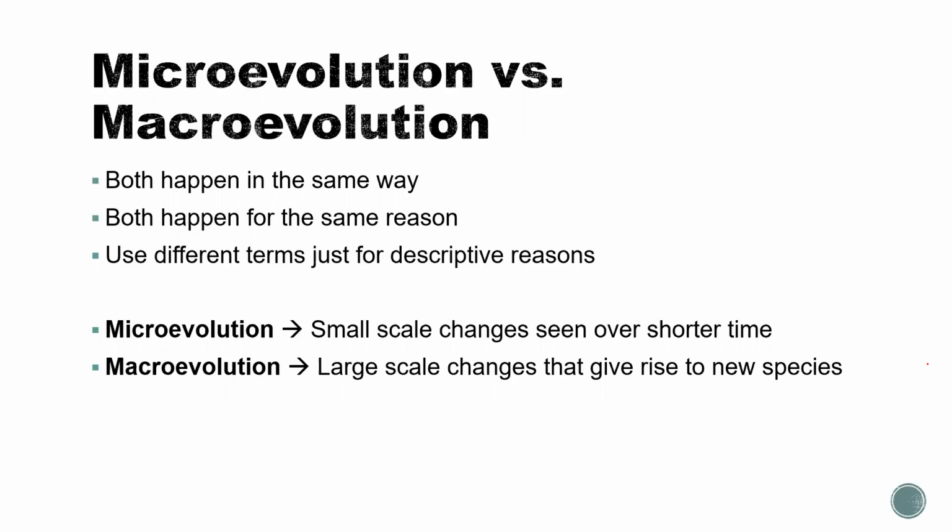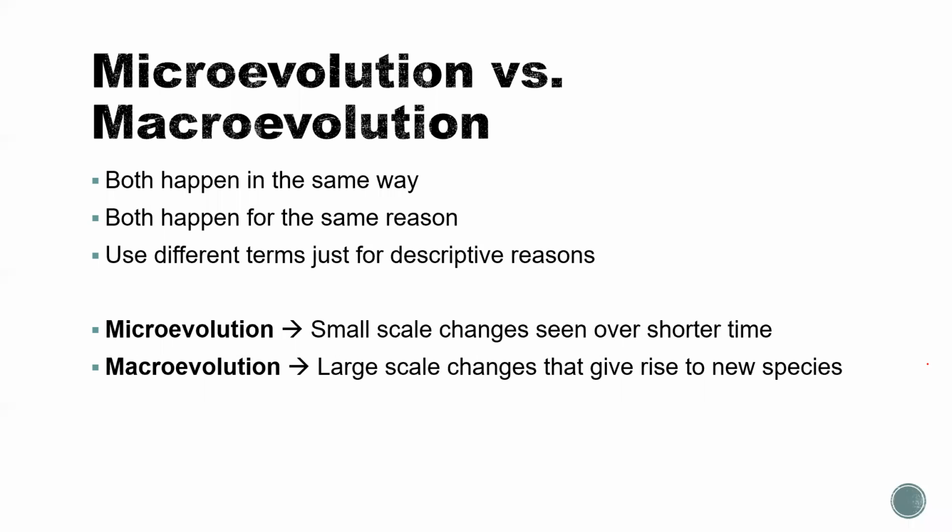Microevolution means a small scale change seen over a shorter time period. We will talk about microevolution in an activity where you'll look at small changes that are happening over relatively short time spans, maybe hundreds or 1,000 years. Macroevolution are large scale changes that give rise to new species.